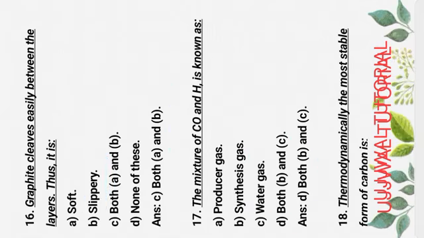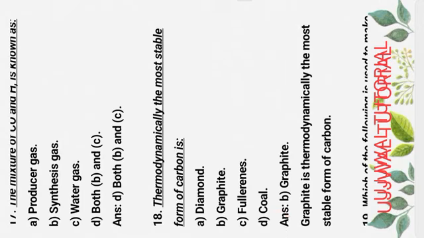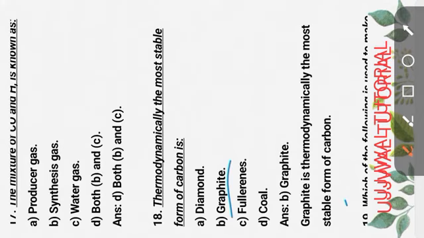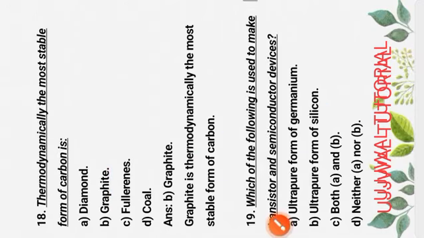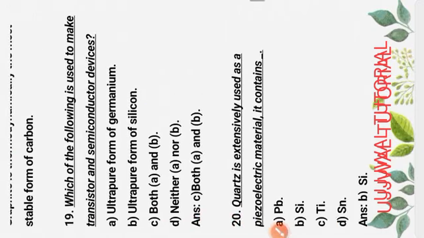Next question, question number 18. Thermodynamically, the most stable form of carbon is option B, that is graphite. Graphite is thermodynamically the most stable form of carbon. Next question, question number 19.